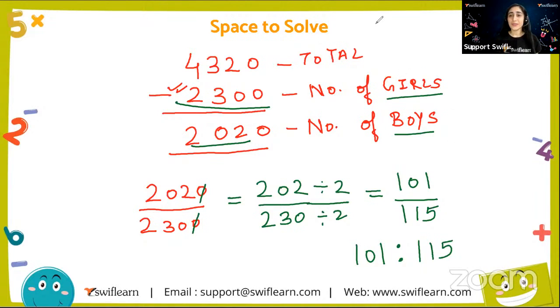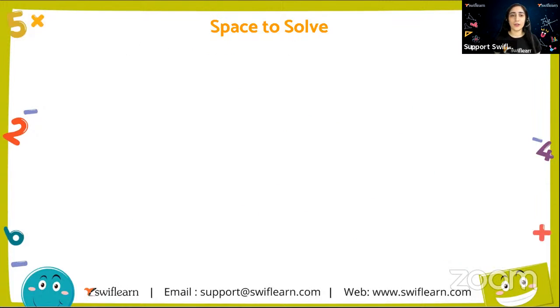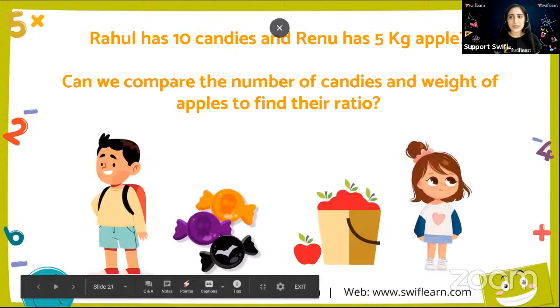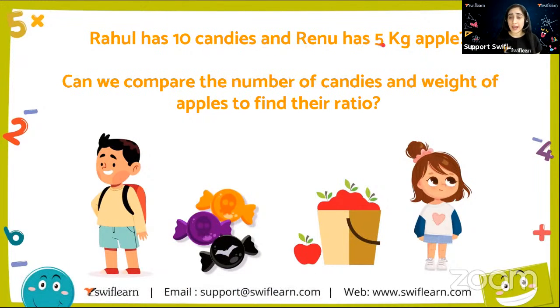Okay. All right. So let's go to the other question. What does the other question say? It says that Rahul has 10 candies and Renu has 5 kg of apples.